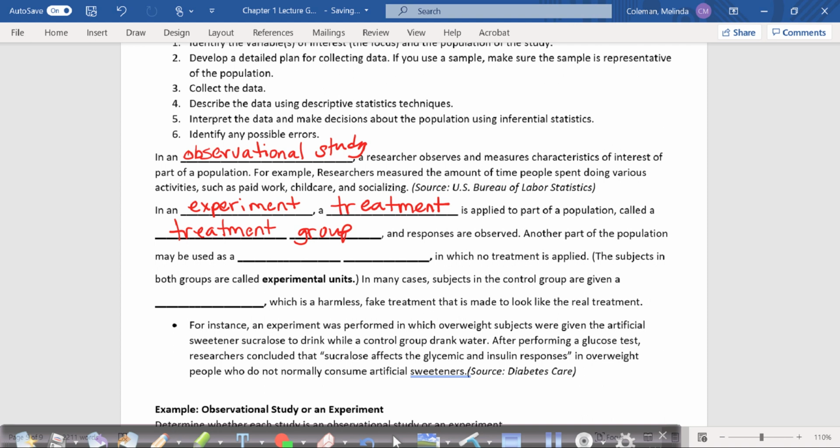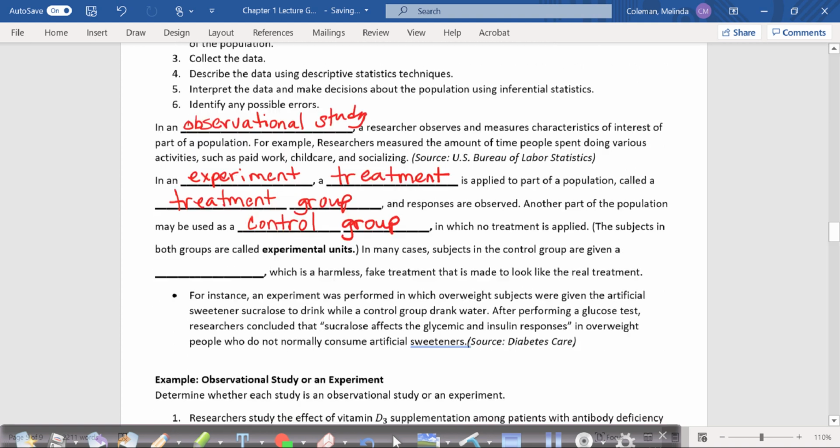Then those responses are observed. Another part of the population is considered the control group. You've probably heard of these. This is often the case in medical treatment, where we have a treatment group and a control group. So there's no treatment applied to the control group.